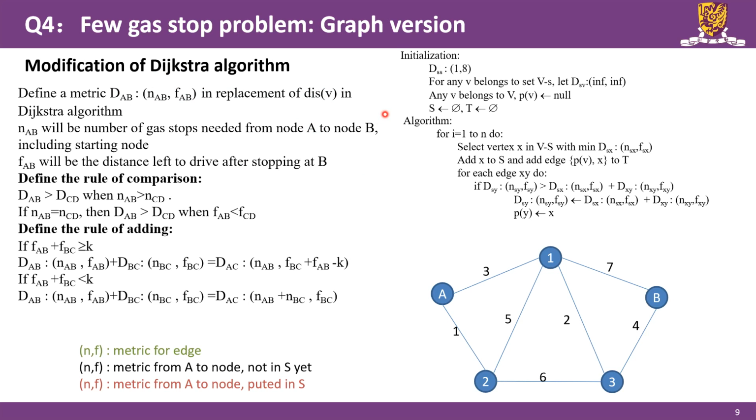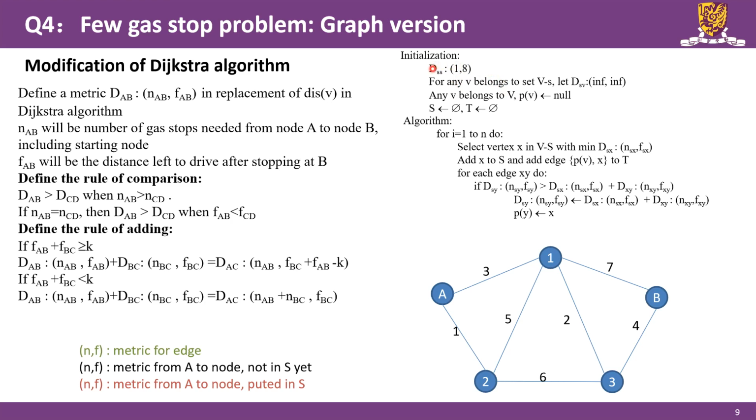You can refer to the professor's lecture at around week 9 where he introduced the Dijkstra algorithm as reference. My algorithm is actually totally the same as the professor's algorithm. The only difference is these several parts.